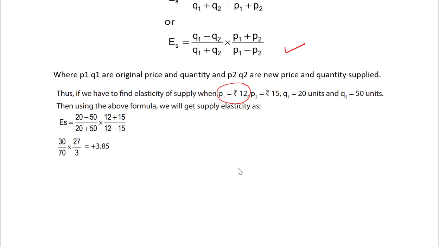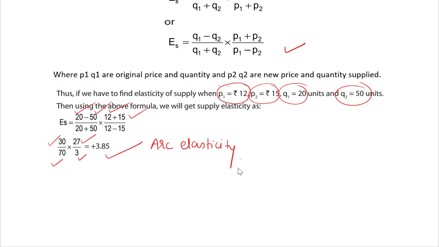P1 is 12, P2 is 15, Q1 is 20, Q2 is 50. So Q1 minus Q2, 20 minus 50, that is 30; Q1 plus Q2, 20 plus 50, that is 70; 12 plus 15 is 27, 12 minus 15 is 3. The arc elasticity is 3.85.